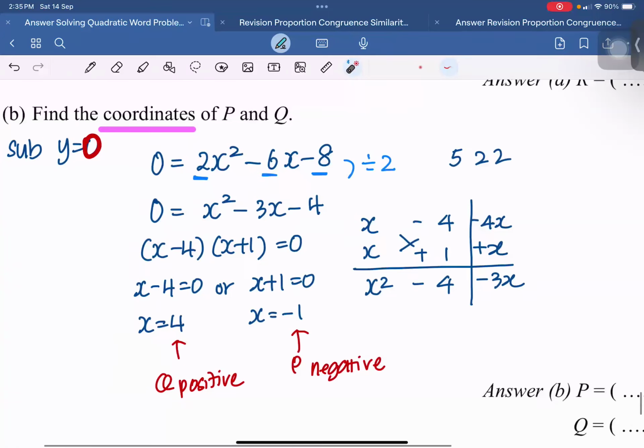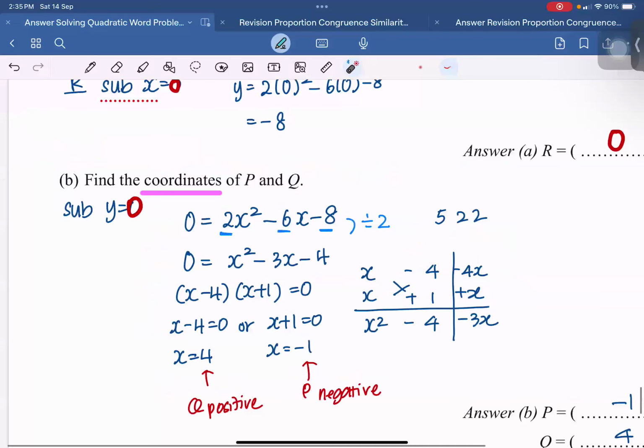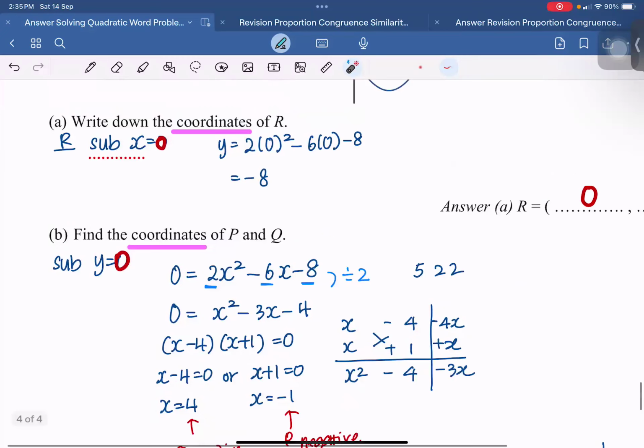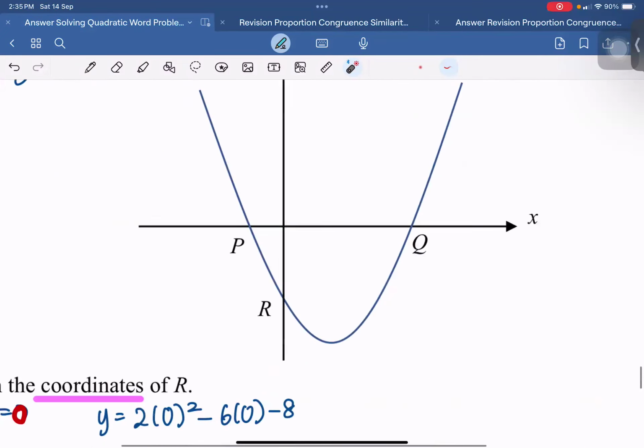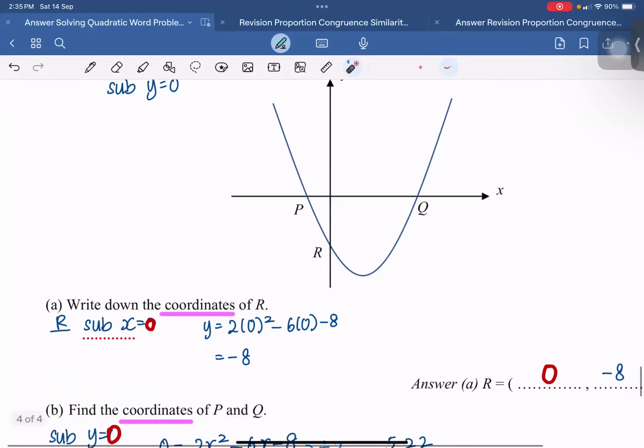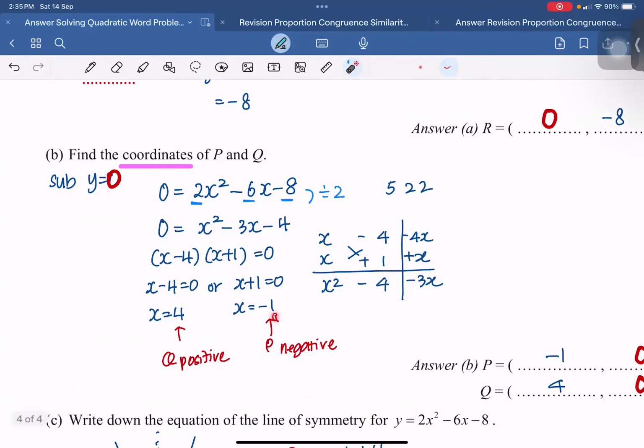But remember, the question wants the coordinates. Okay, but first I have two numbers, 4 and negative 1. Which one is 4? Which one is negative 1? P is negative 1, Q is 4. Thank you very much. So P is negative 1, Q is 4, and they want coordinates.